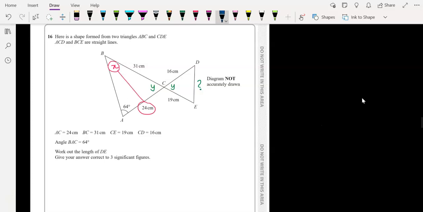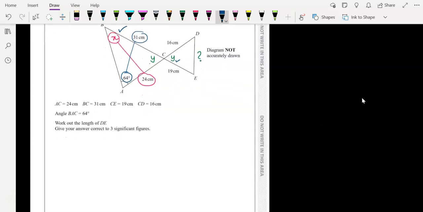For 64, the opposite is 31. So I can use sine rule and find the value of x. Once I get x, I will find y using angle sum property. The opposite angles are equal, so I will get this value. And now in this triangle, it is SAS, so I can use cosine rule to find the missing side. So that's our analysis. Let's start.